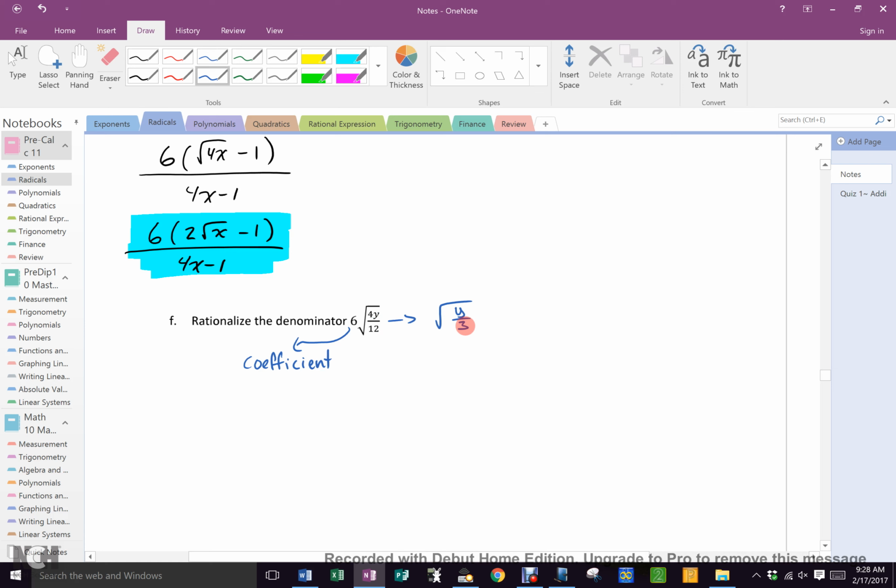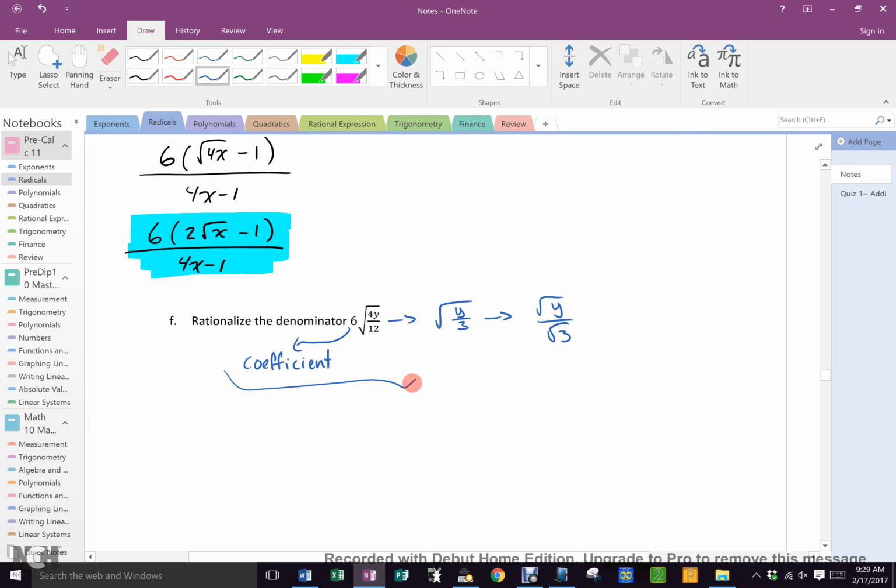Okay. So what is that really? 6 times root y. That's root y over root 3, isn't it? So this is what's really happening here, and I got a 6 multiplying that.